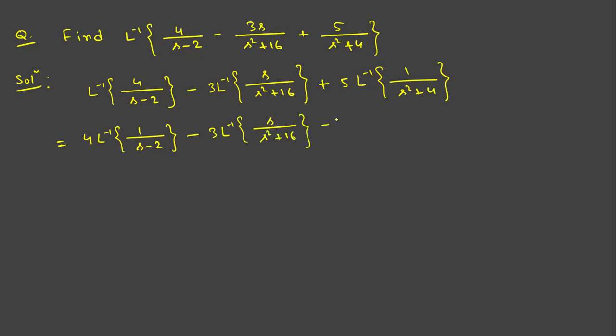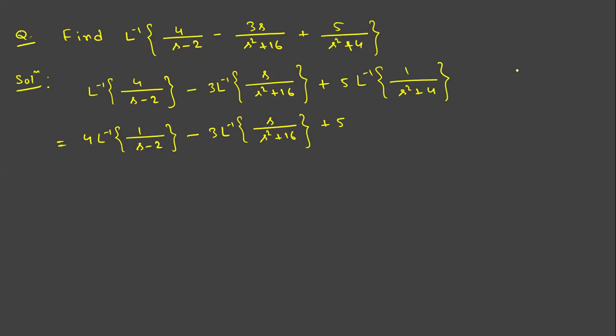Plus 5 into, here you can see that the denominator is s square plus 4. That means you can apply the trigonometric formula, where the denominator is s square plus a square.